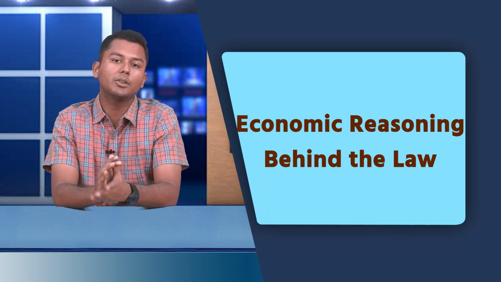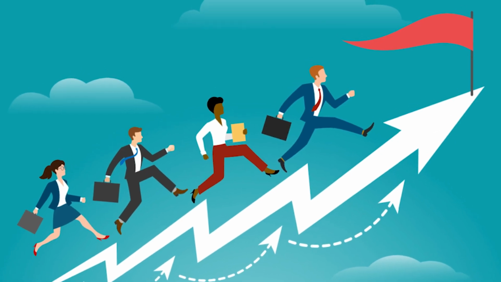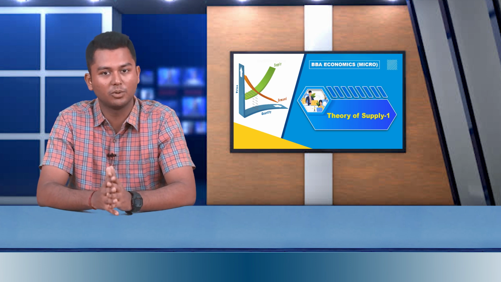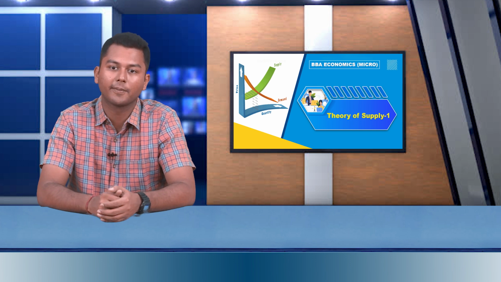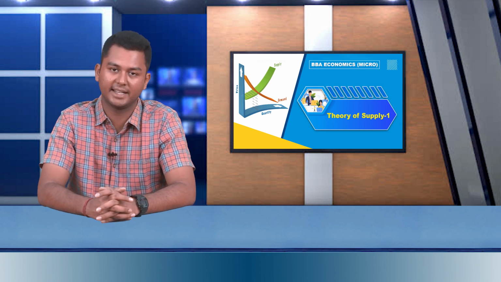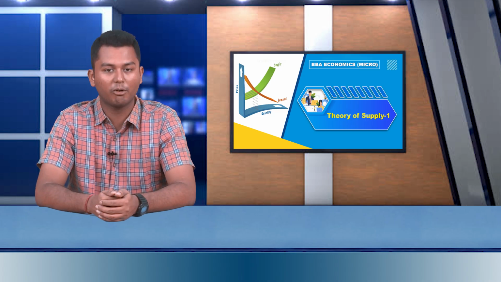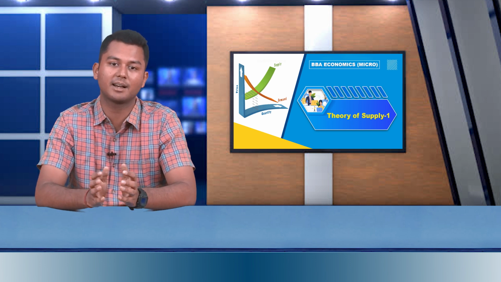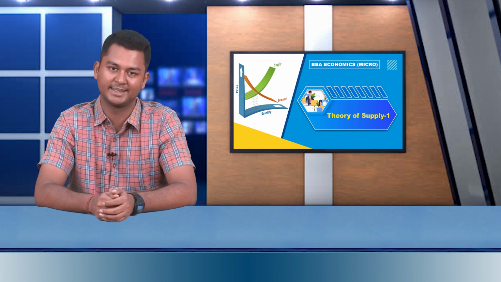Let us look at the economic reasoning behind the law of supply. First is the profit motive. Higher prices generally mean higher profits per unit sold, encouraging producers to increase output and capture these profits. Lower prices reduce profit margins, making increased production less attractive. Next are cost considerations. Producing large quantities often involves rising marginal costs as firms push against capacity constraints or must use less efficient production methods.